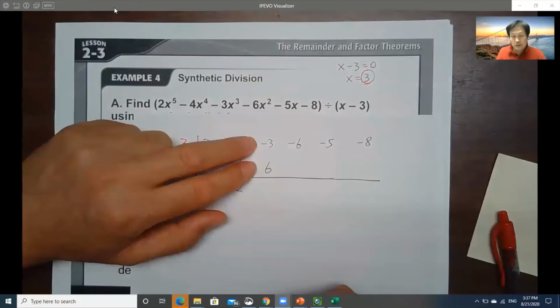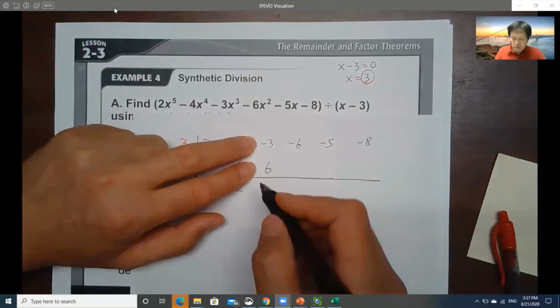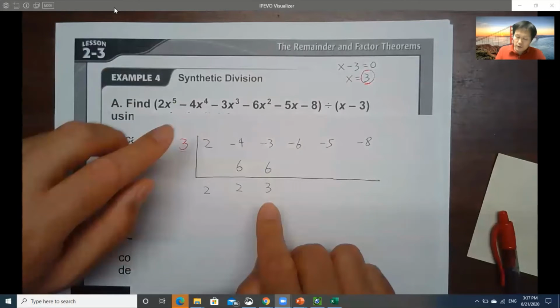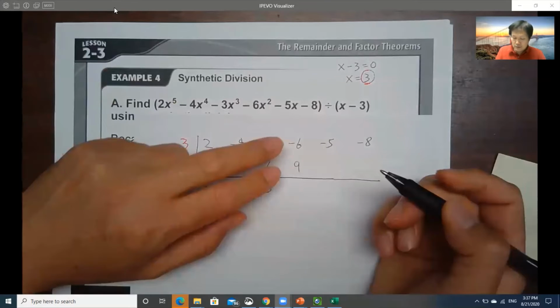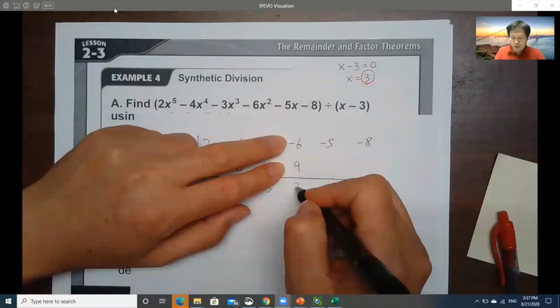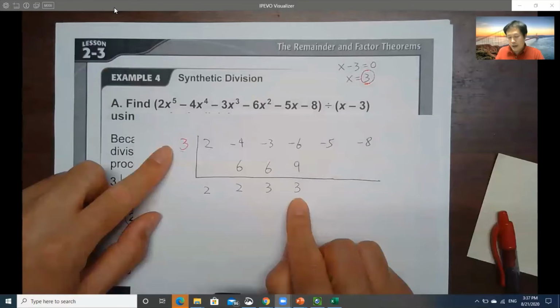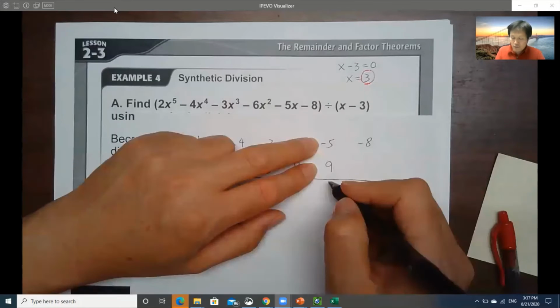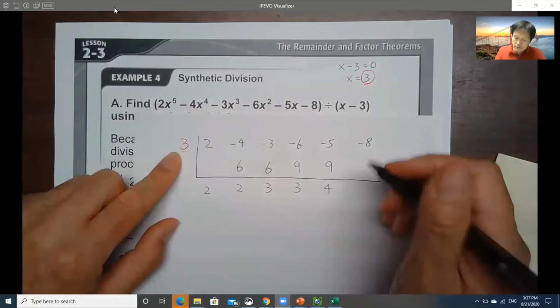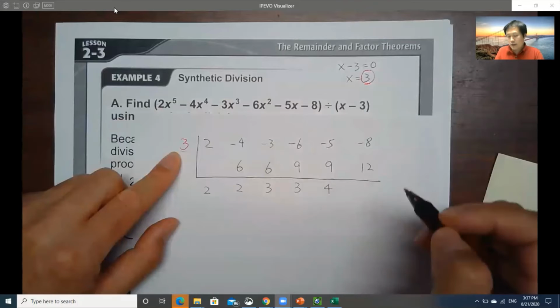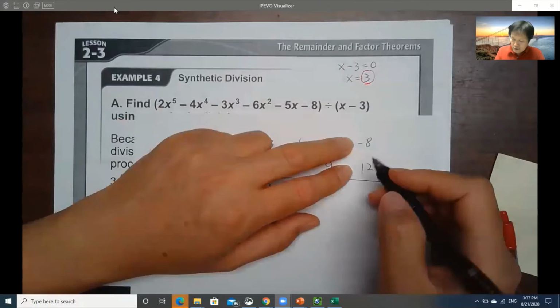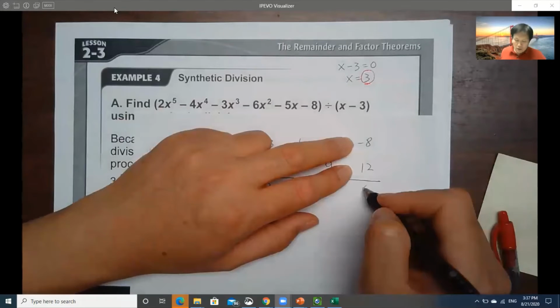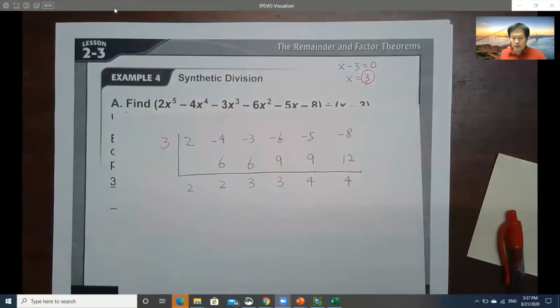Add, 3. Multiply, 9. Add, 3. Multiply, 9. Add, 4. Multiply, 12. Add, that's a 4. So calculation wise, you're done.